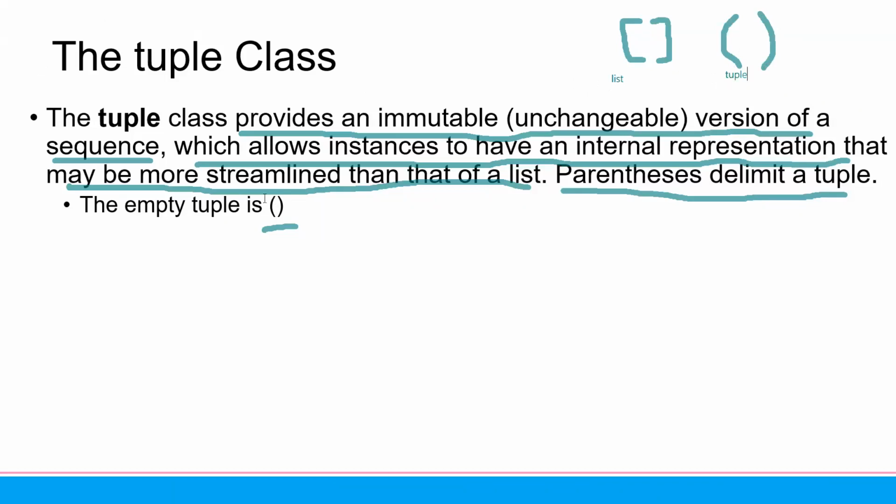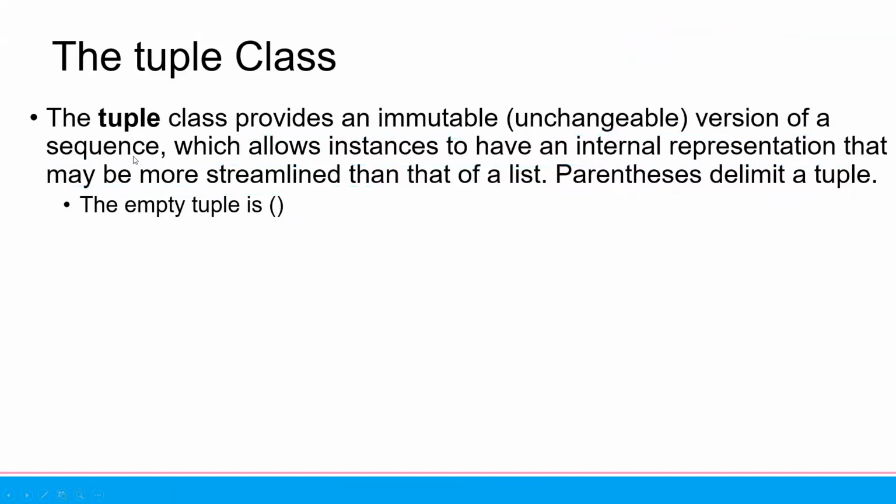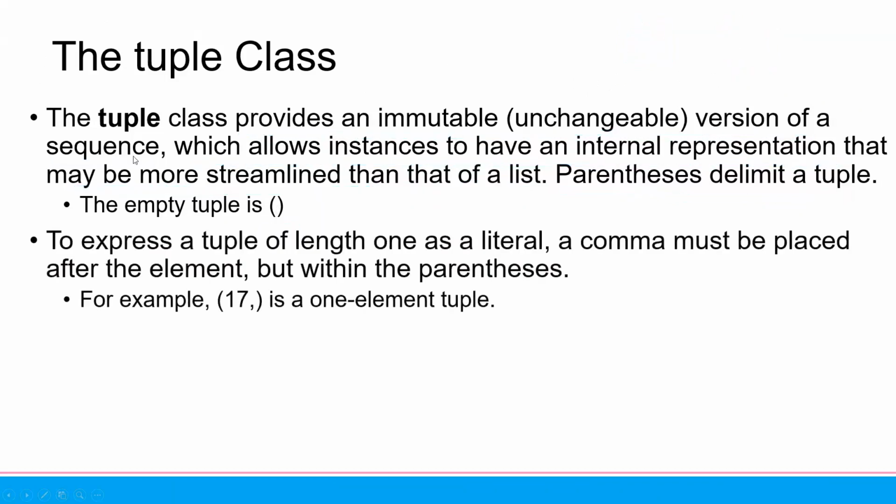The empty tuple is just a parenthesis without any values. To express a tuple of length 1 as a literal, a comma must be placed after the element, but within the parenthesis. So you can see here, if I have 17, comma, then it is a 1 element tuple.